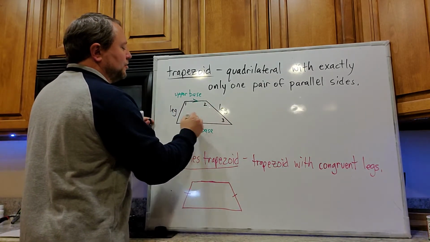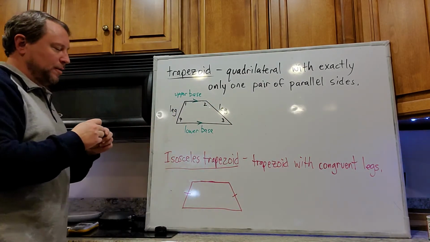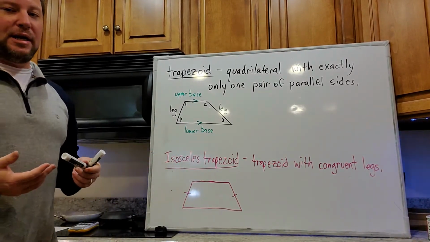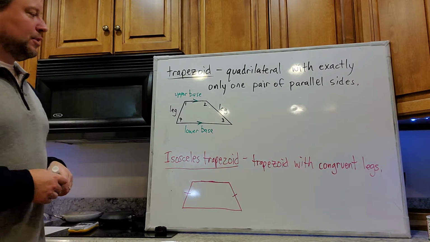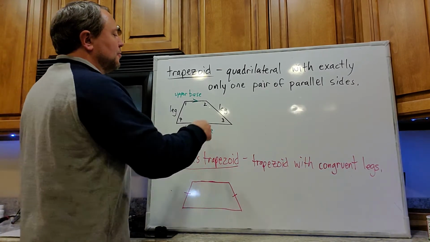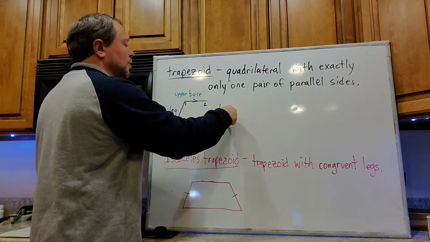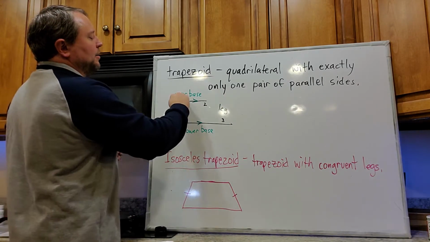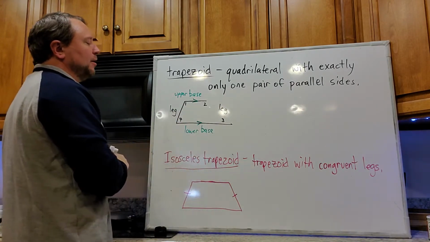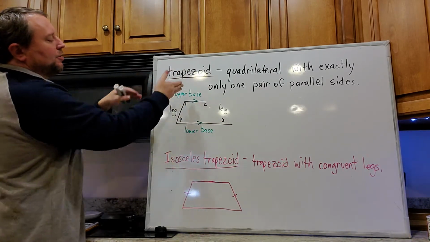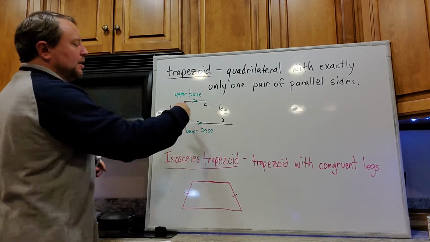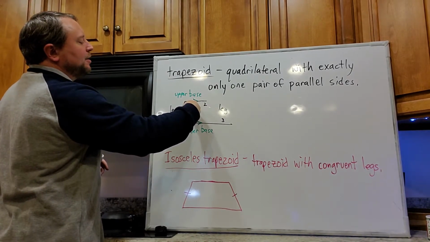I'm going to number those in this picture 1, 2, 3, and 4. And there are some special things going on about some of these angles, if you just use a little bit of common sense here. For example, if I were to ignore that leg and just focus on this leg and those two bases that were parallel, well, when parallel lines are cut by a transversal, notice it creates a pair of same side interior angles.